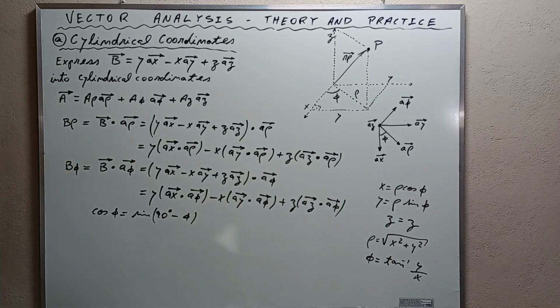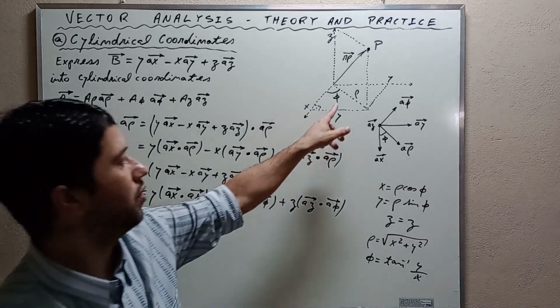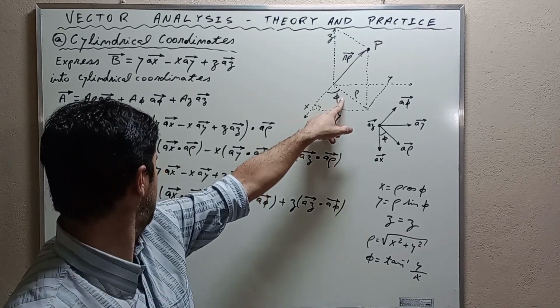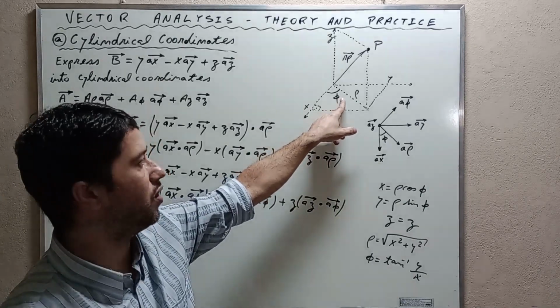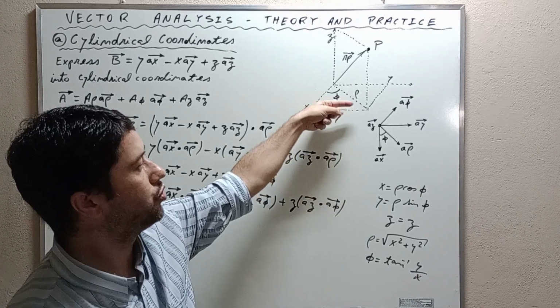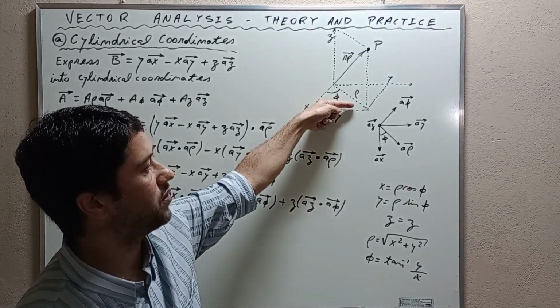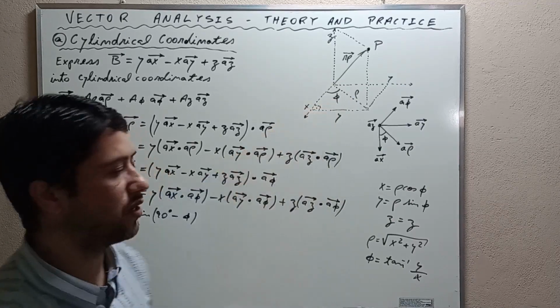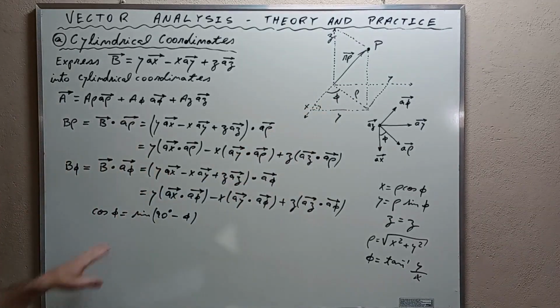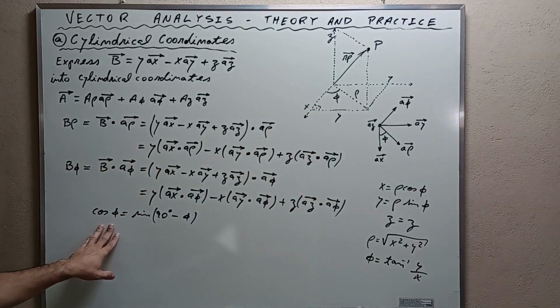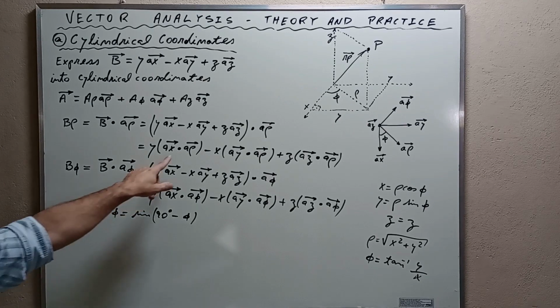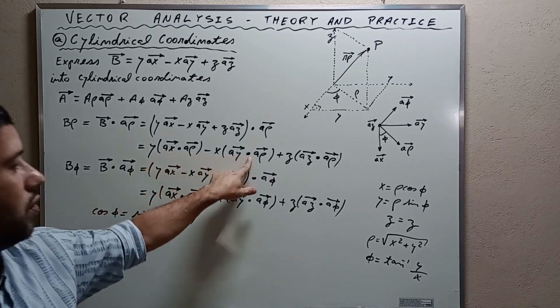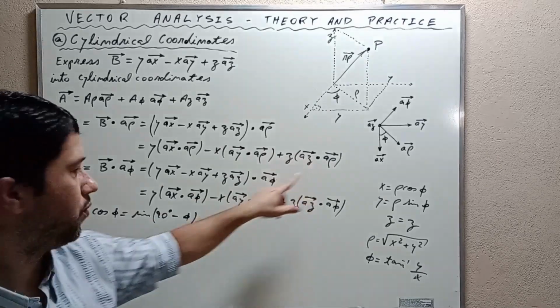The cosine of this angle is equal to the sine of this angle and vice versa. The cosine of this angle is equal to the sine of this angle. You're going to need to consider this to calculate these dot products here. Okay?